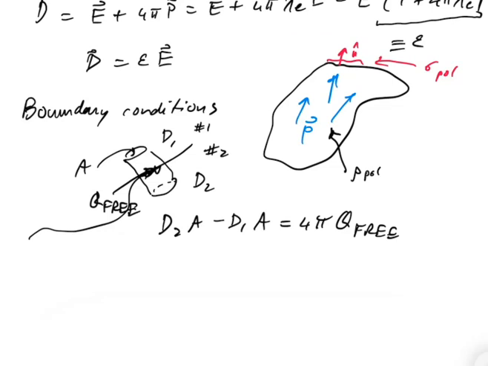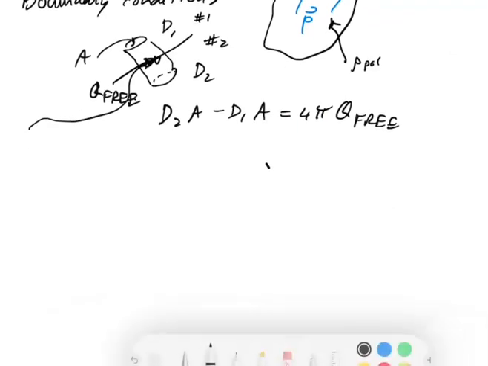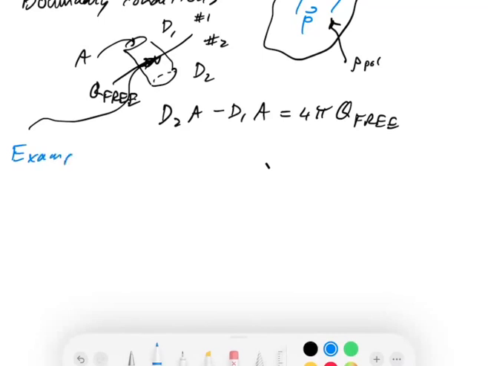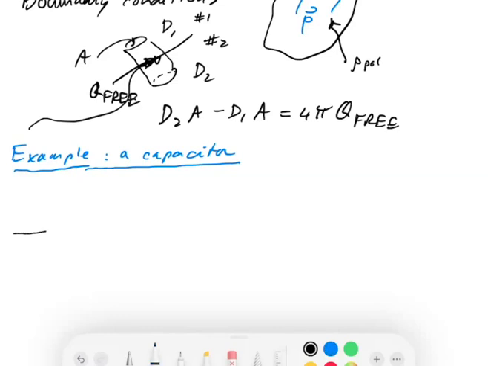Okay, now let's do this example. Example, a capacitor. So first we start with a capacitor like this. It's a parallel plate capacitor.